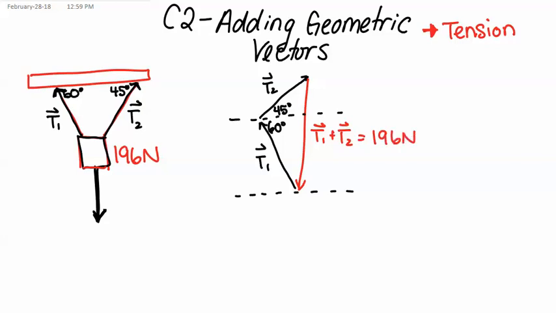Setting it up this way is not too horrible, because we know this angle is 60, and since this red line is up and down, this angle here would be 30. These are right angle triangles, so this angle here would be 45. So you know a lot of information from this triangle, and solving for these 2 missing sides is actually pretty easy. You could just use the sine law to find the missing sides.